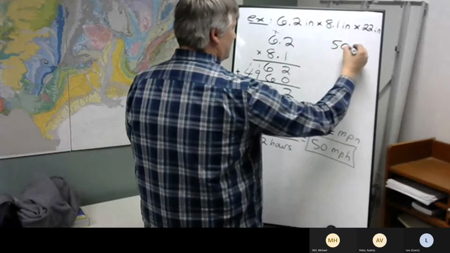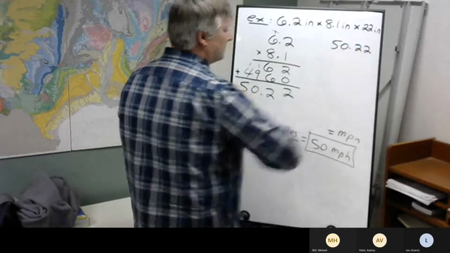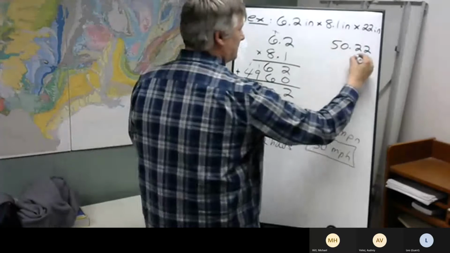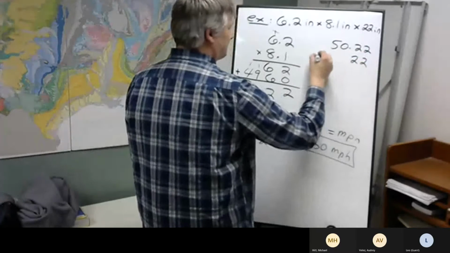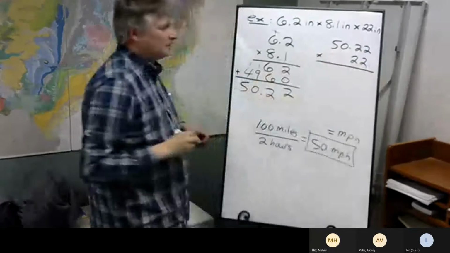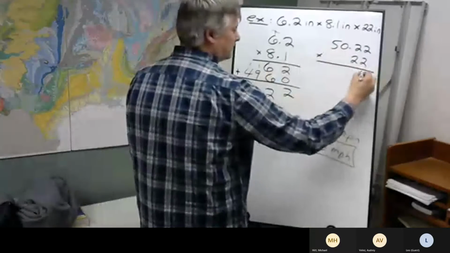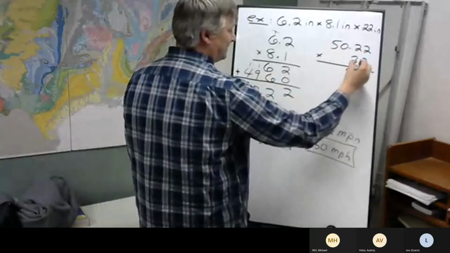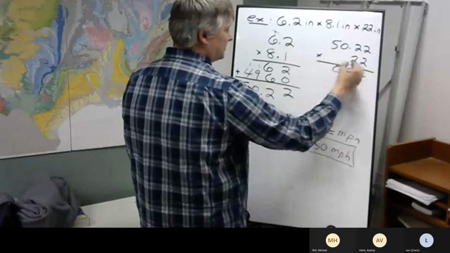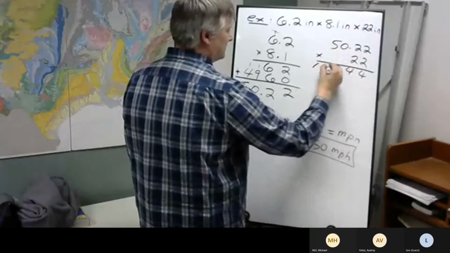And now we're going to multiply this. 50 and 22 hundredths times 22. So 2 times 2 is 4. 2 times 2 is 4 again. 2 times 0 is 0. 2 times 5 is 10.